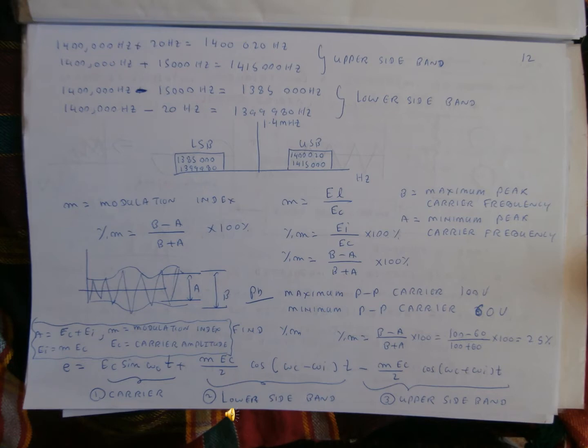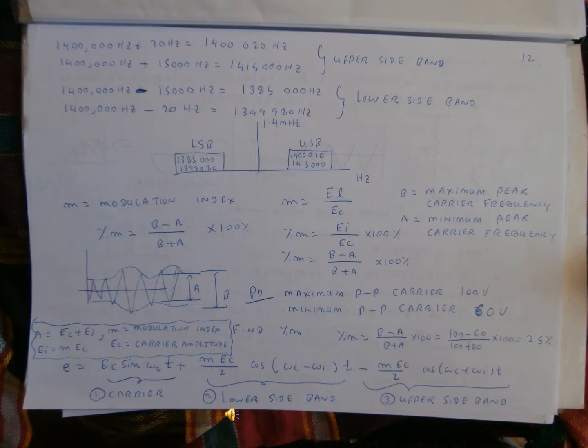Those are the lower side band frequencies. The lower and upper side band frequencies are represented in the diagram: lower side band 1385000 and 1399980, and upper side band 1400020 and 1415000, around the major frequency of 1.4 megahertz. These are the ways we can calculate the lower side band and upper side band frequency.